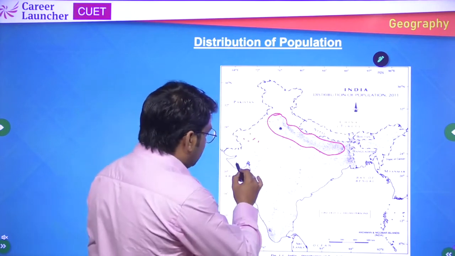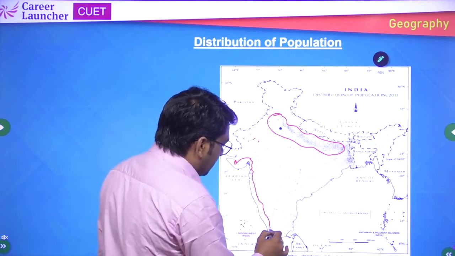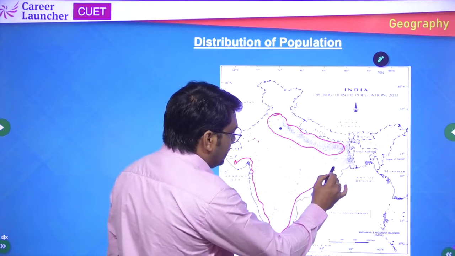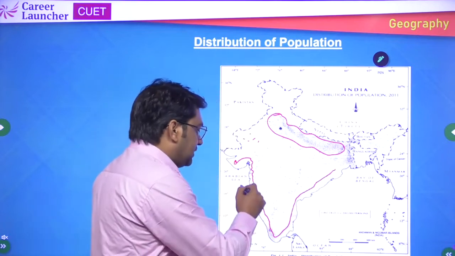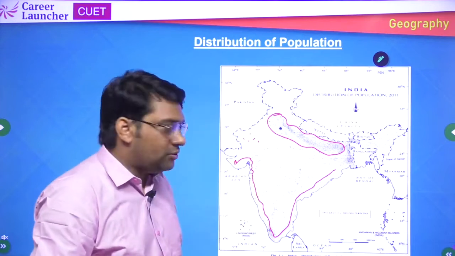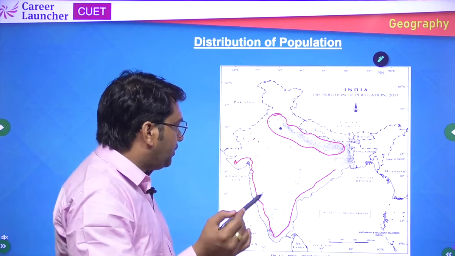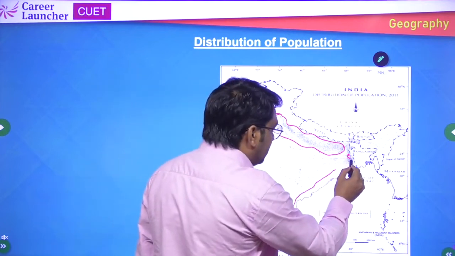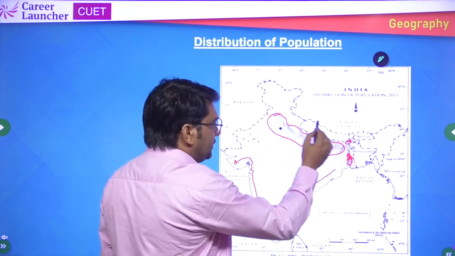Now you see the coastal area, these are the coastal states. From the Britishers' times, when the Britishers came to India, they started to do trade. So there are many port cities, Kandla port, okay, Mumbai port, then Hooghly, Paradweep port. These are some important ports in our country. So you see the density here, the Kolkata port, so density is very high. This part also has very high density.